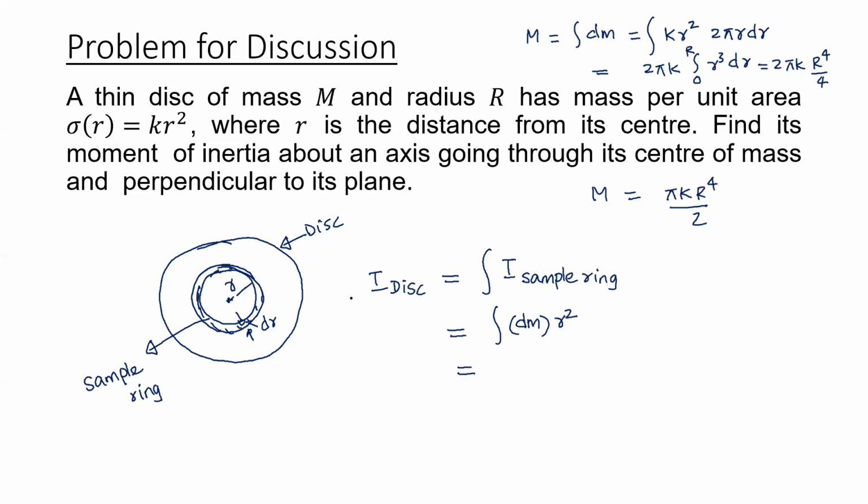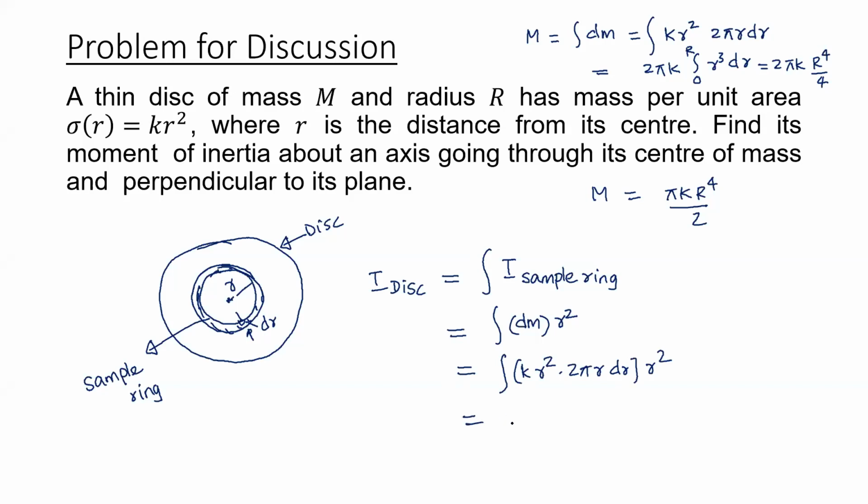So what is dm? We can take again the same kr square into 2 pi r dr. So that is just dm, and then r square.